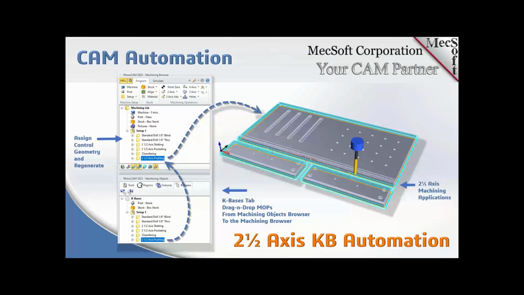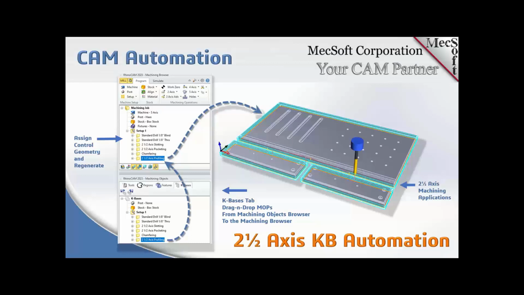But in 2.5-axis knowledge bases, at the base level, if you want to implement a knowledge base in 2-axis, you do have to select some geometry for each of those operations. We're going to show you a fast way to select geometry when you use a knowledge base.